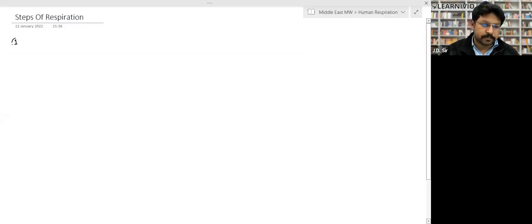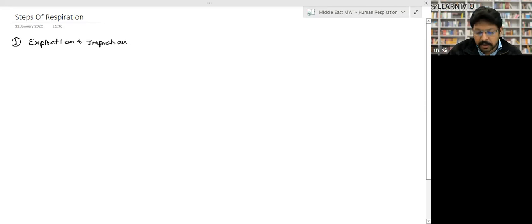First step: breathing is inspiration and expiration of air between the atmosphere and alveoli of lungs.